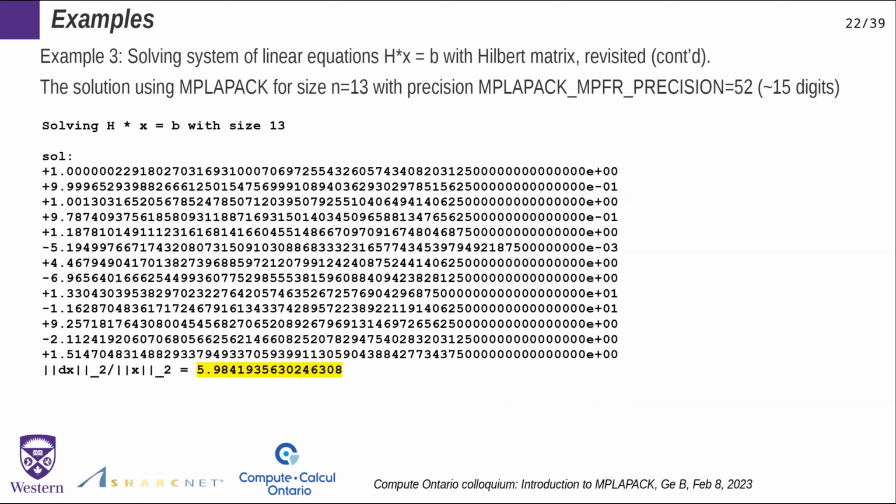And then let's take a look at the result. Here's the result for size 13 using 15 digits. We set the precision with an environment variable to 52. Now, what is 52 here? If you remember, in the floating point representation, the storage for a real number in the IEEE standard uses a sign bit, an exponent component, and a mantissa.